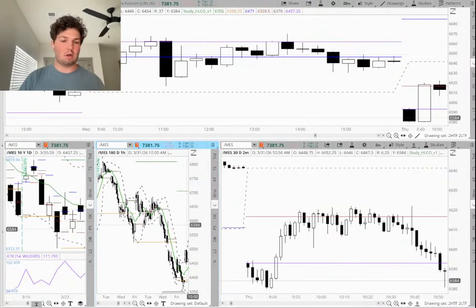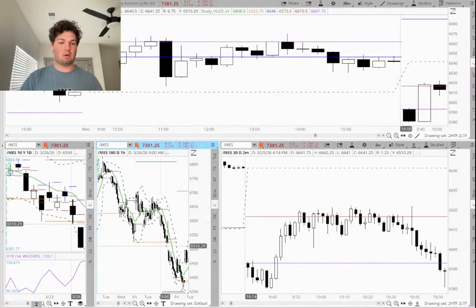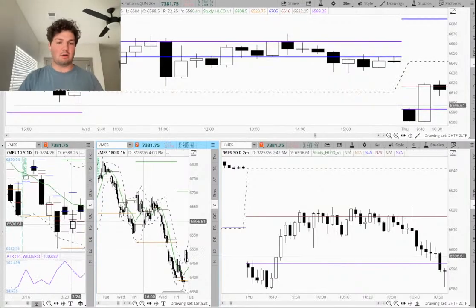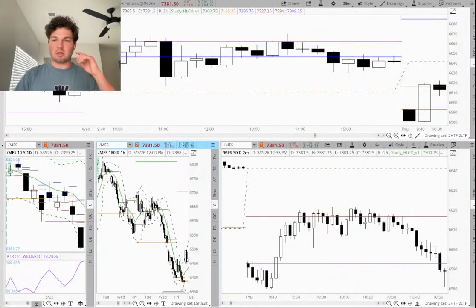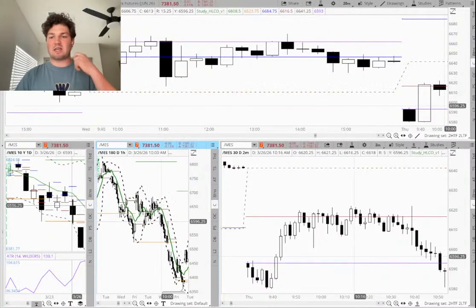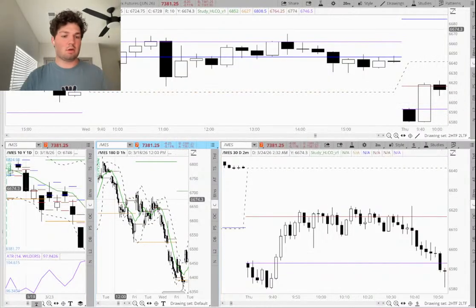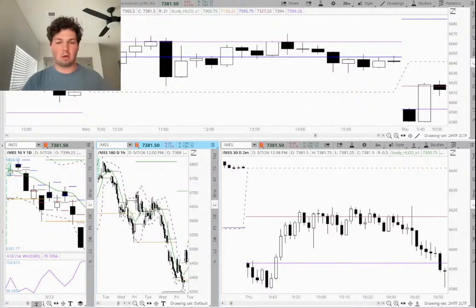Whereas here, we are in a downtrend. So it's like, yeah, this would be a day that makes sense to trade that way. So that makes a lot of sense too.